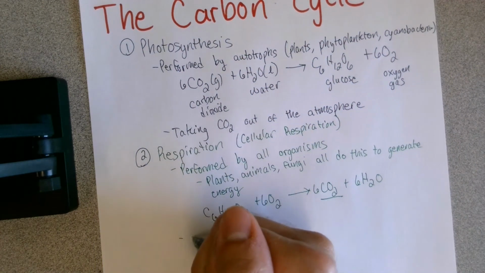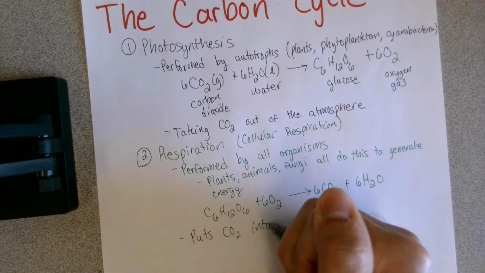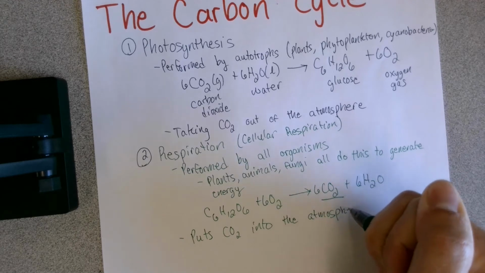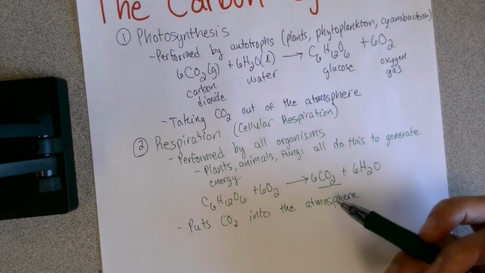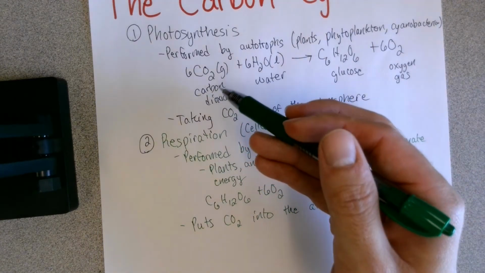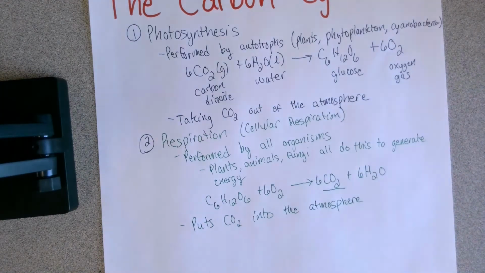So this puts CO2 into the atmosphere. The CO2 that's being put off by respiration and combustion, which I'll talk about in a second, is then used by plants and other autotrophs to do photosynthesis.